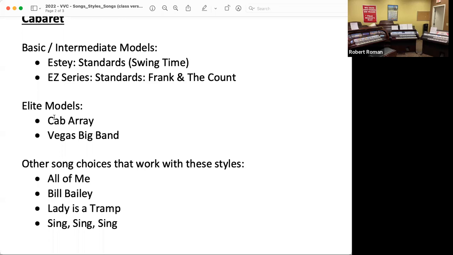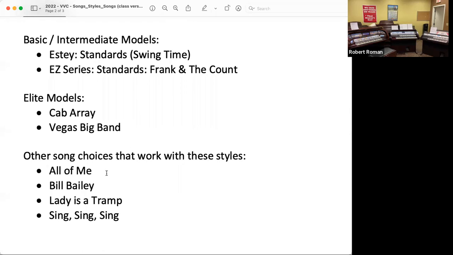And then obviously Cabaret was introduced on the Marquis, designed specifically for that song, but all of these will work. You heard me do swing time a moment ago on the Estey, and then on the Fanfare I played Frank and the Count, but I put it at a tempo of 180. If you use Cabaret or Vegas Big Band, the tempos are naturally faster to begin with.